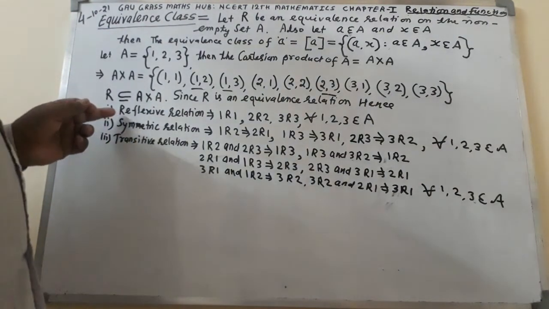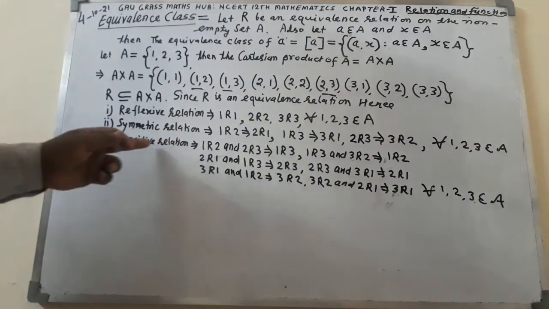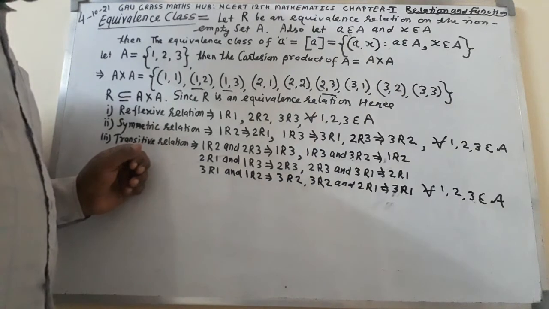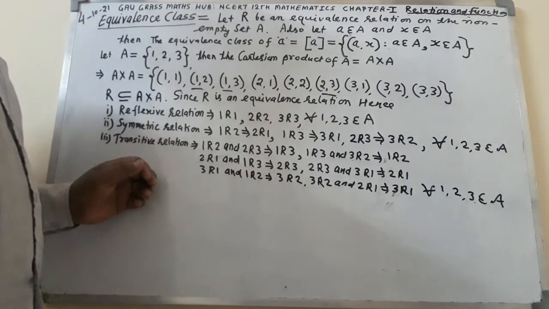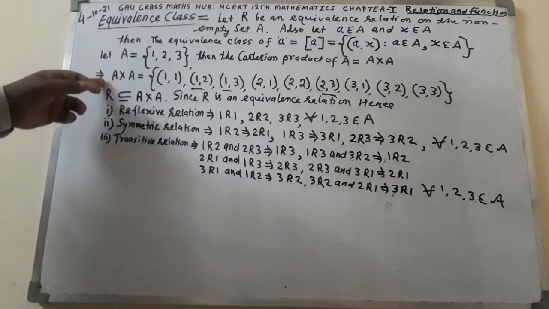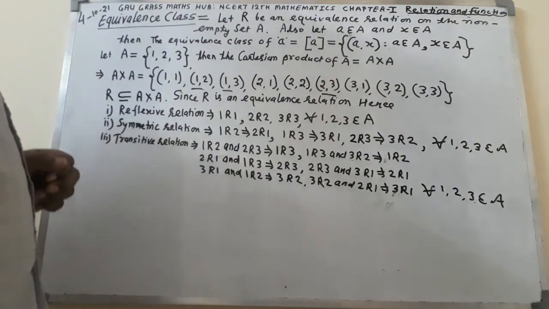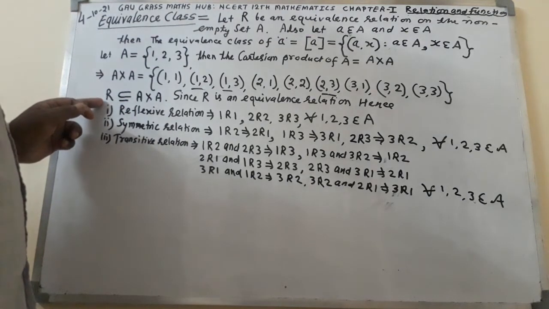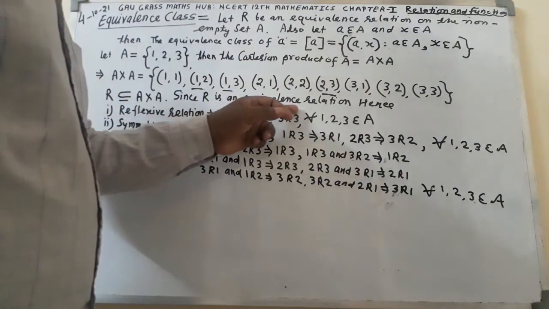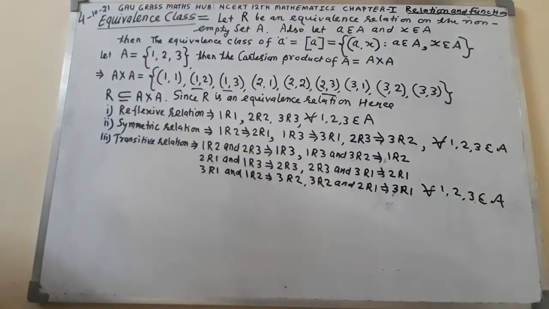Since reflexive relation, symmetric relation and transitive relation, all these three relations are verified on the Cartesian product A cross A. That's why R will be an equivalence relation. Verified.